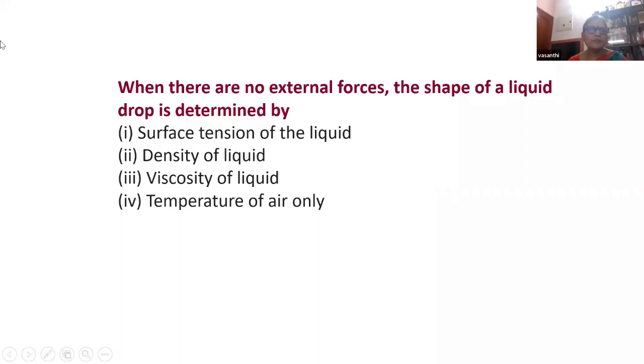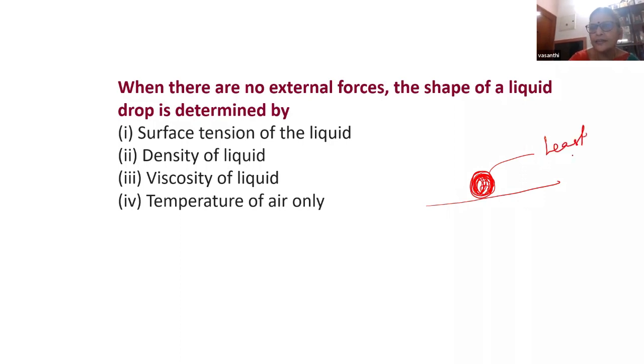So when there are no external forces, the shape of a liquid is determined by what? If you neglect gravity, the shape of a small droplet is what? Sphere. Why is it a sphere? A spherical shape has least surface area, isn't it?